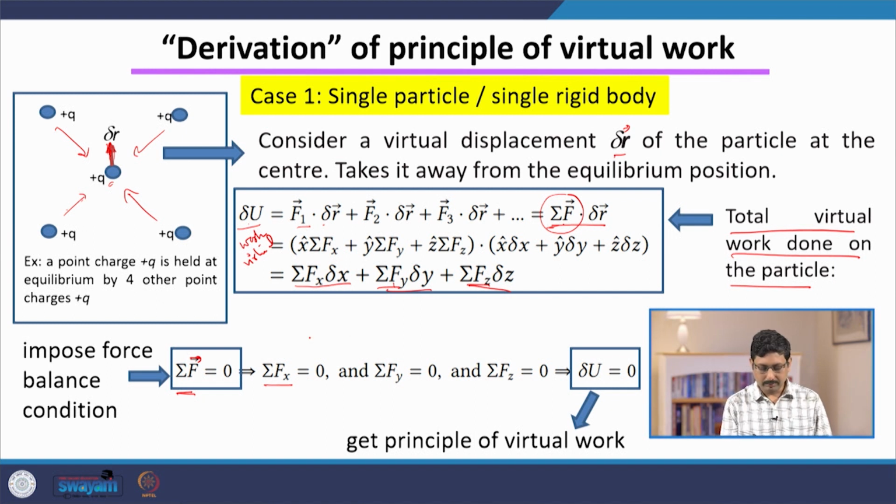If you put this in, you can see that the right hand side of this expression gives you 0. That is, you get the principle of virtual work: if you give a virtual displacement, then the condition of equilibrium is that the total virtual work must be 0.